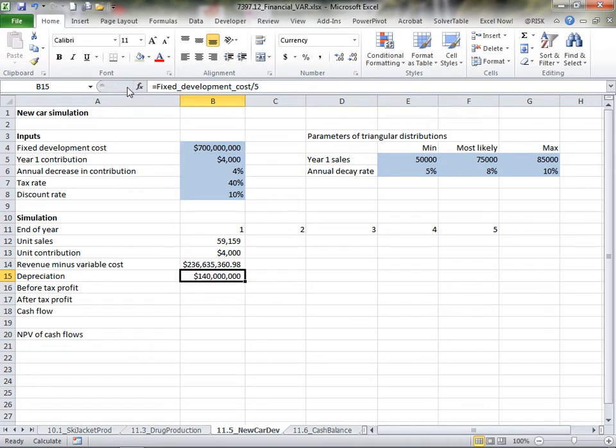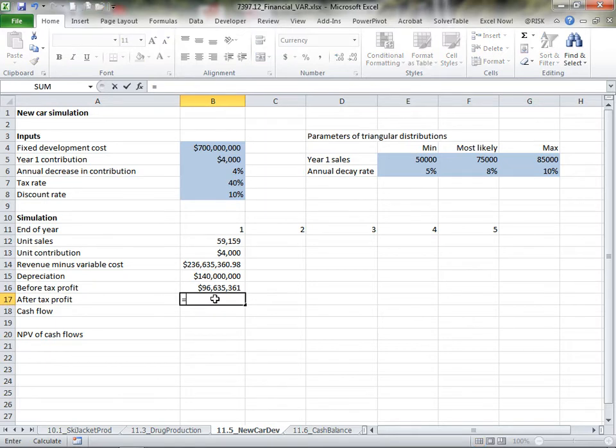So there's a magic number in the formula, but you know where it came from. So our before tax profit then is going to equal our revenue minus variable cost minus our depreciation. So there's our before tax profit. And our after tax profit then is going to equal our before tax profit times what?